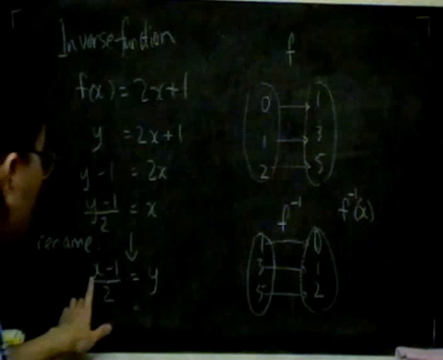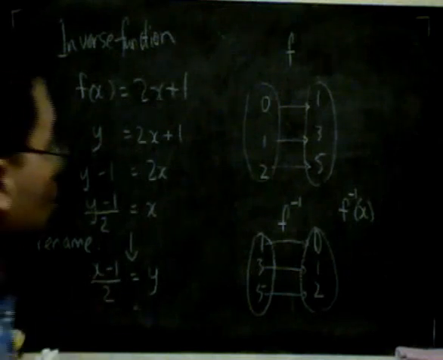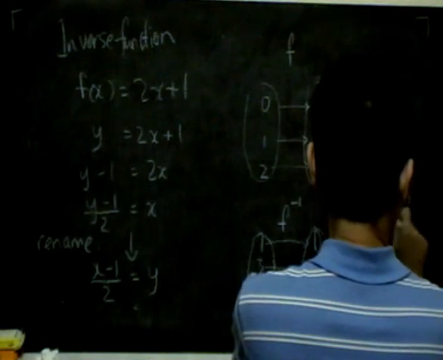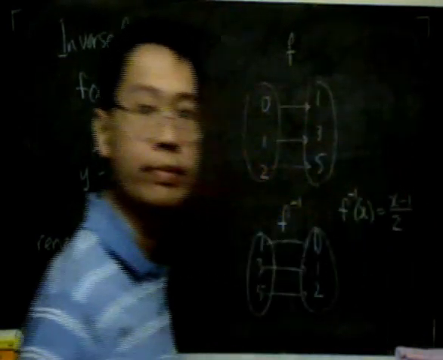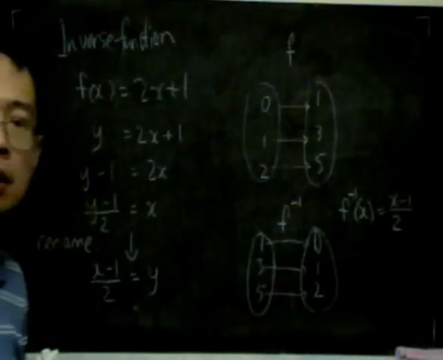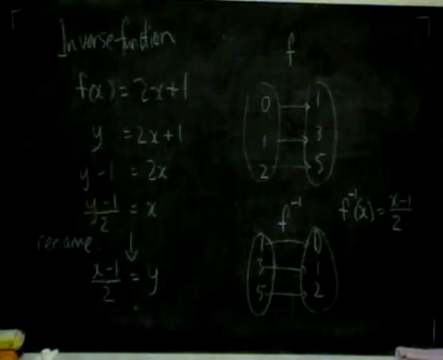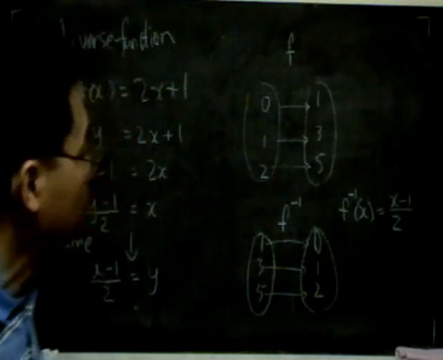And the formula is now x minus 1 over 2. So that's the inverse function, x minus 1 over 2.